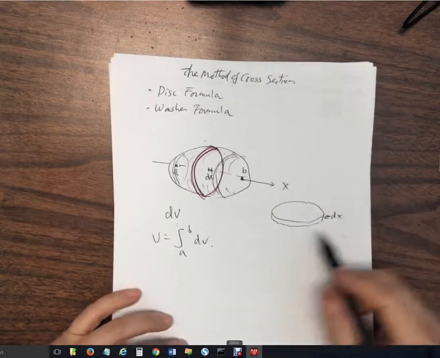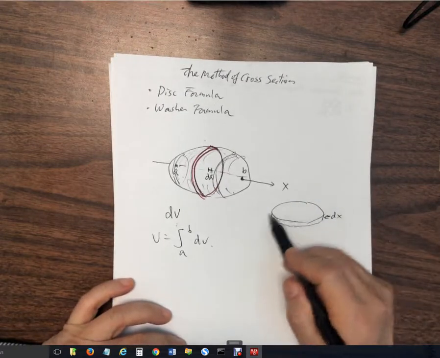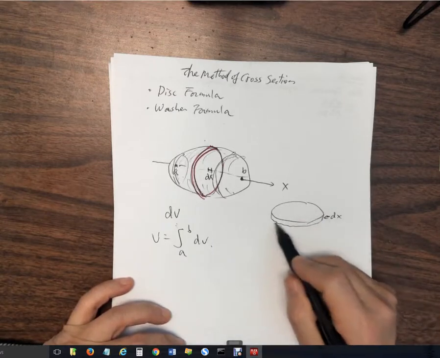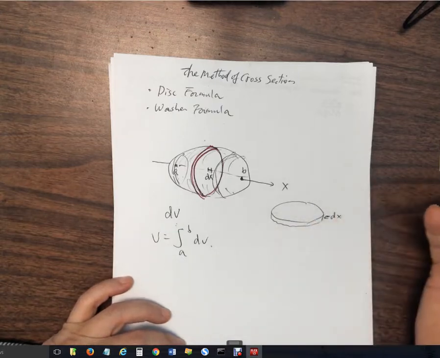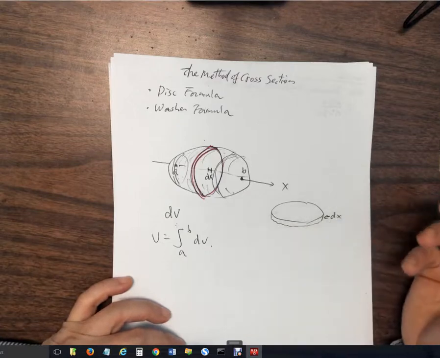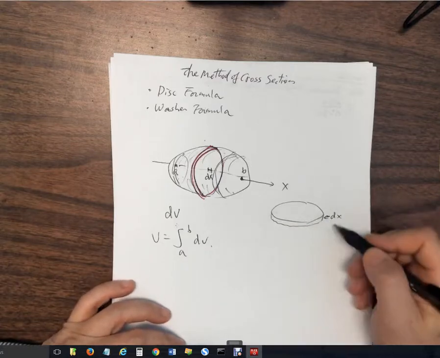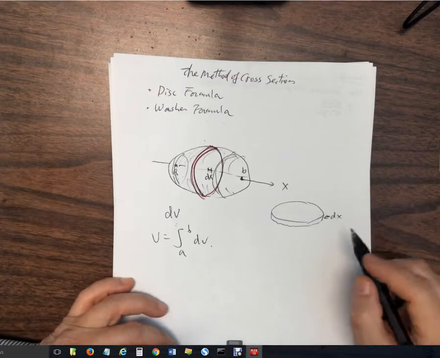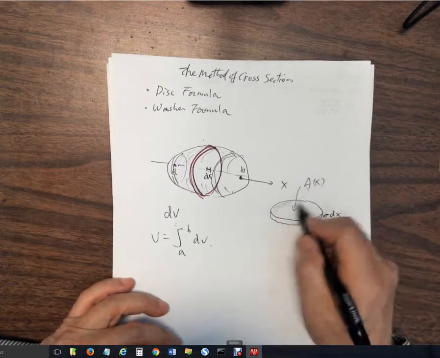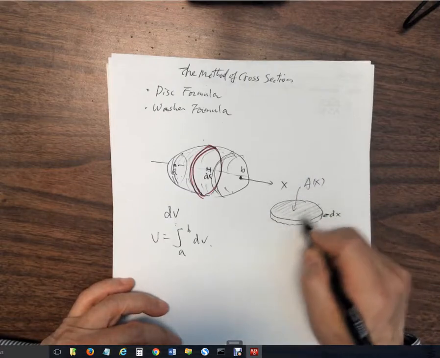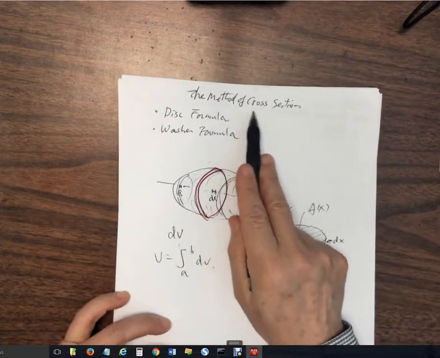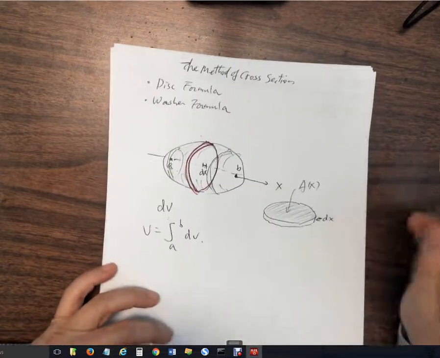So roughly speaking, we can think of this as a cylinder, meaning the top face and the bottom face are almost identical. Thus, this would be considered a cylinder. Once it's regarded as a cylinder, all we need to do is find the area expression of the cross-sectional surface here. That's why this method is called the cross-sectional approach.